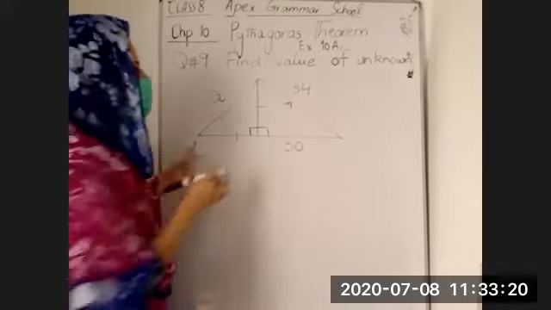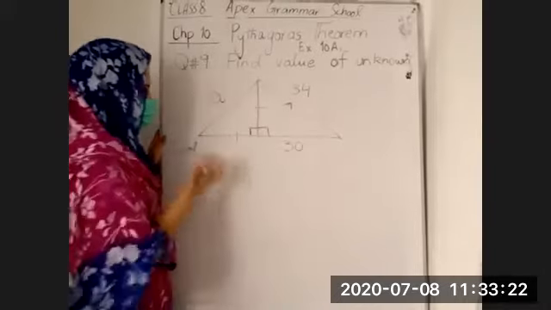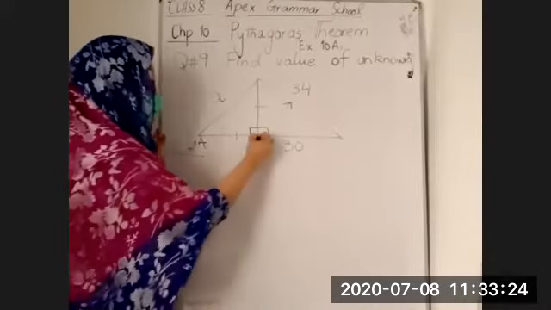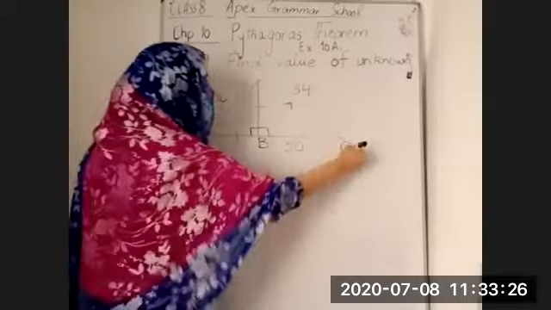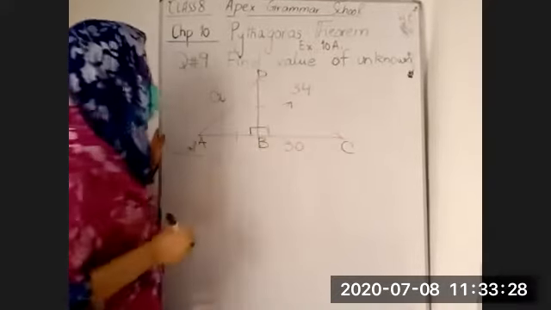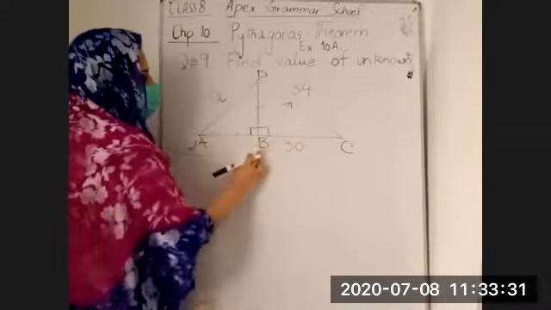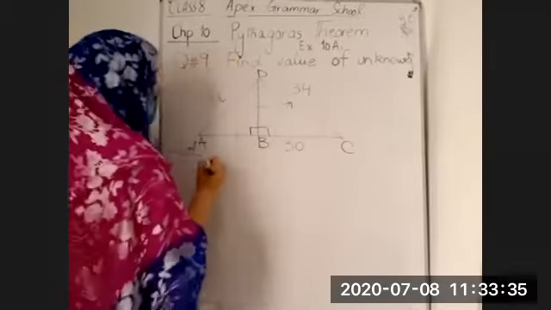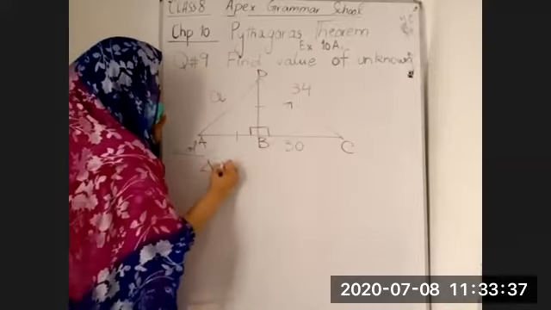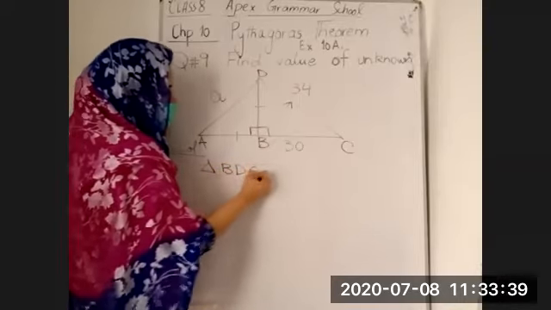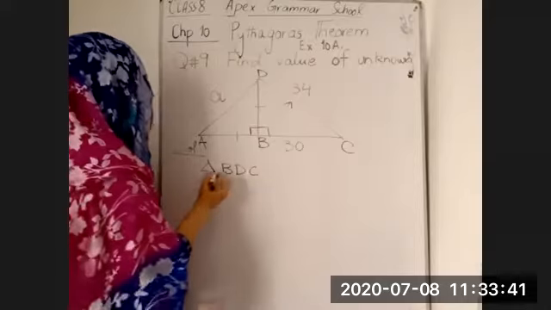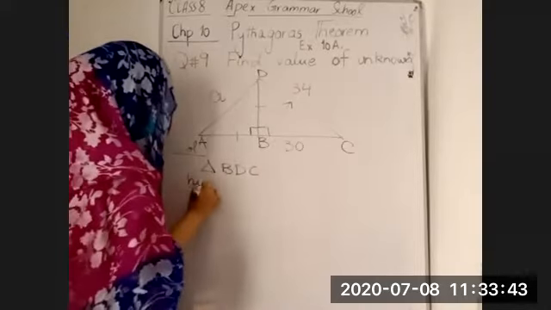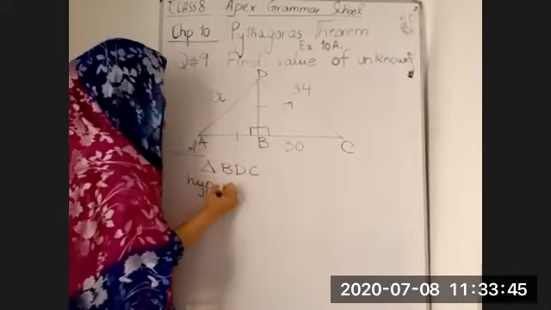We are not given the names of these edges, so I'm going to name them A, B, C, and D. Because first I want to find my length BD, that is why I'm going to take my triangle BDC. So you have to write in triangle BDC, first you need to see which lengths are your hypotenuse.